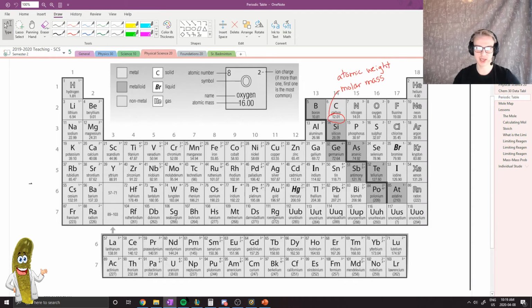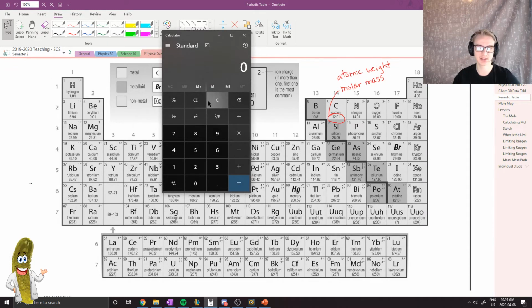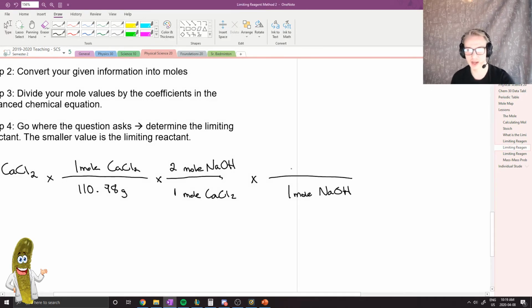Going back to my periodic table, sodium has a mass of 22.99. Oxygen has a mass of 16, and hydrogen has a mass of 1.01. So we find that the total molar mass of NaOH is 40 grams of NaOH.